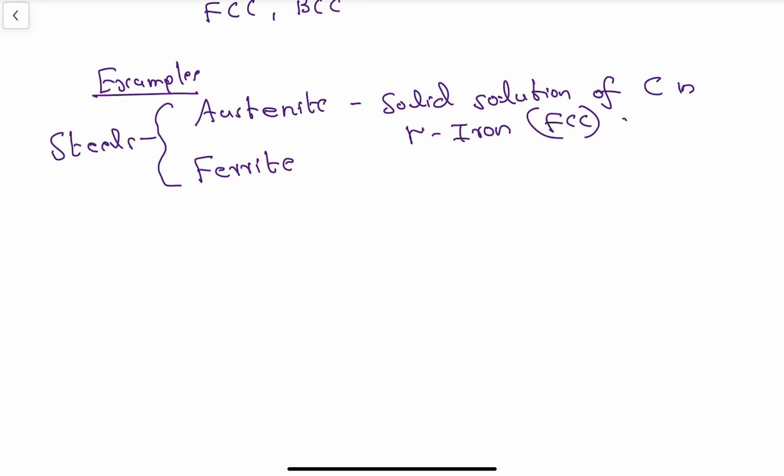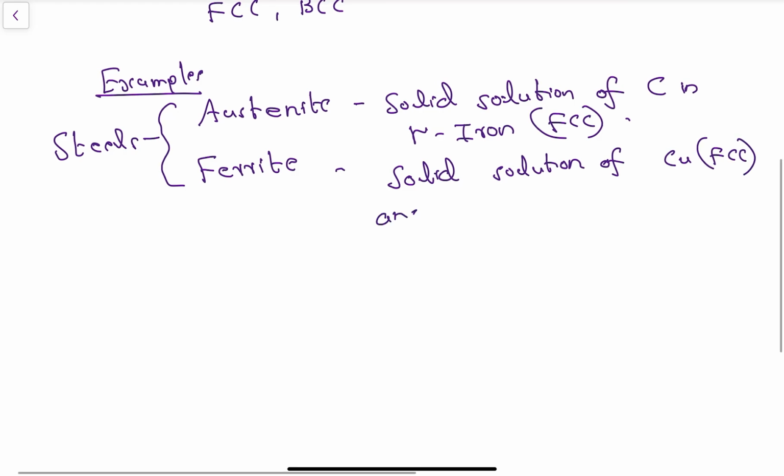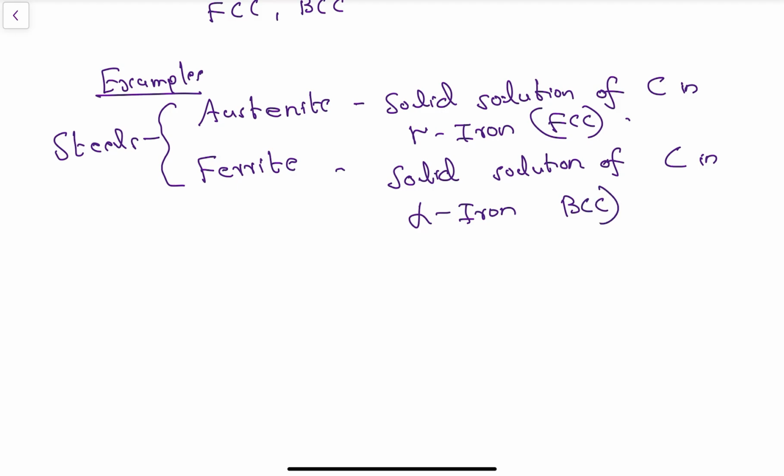One is the FCC structure and the other is alpha iron, which has a BCC structure. So ferrite is a solid solution of carbon in alpha iron or BCC iron.